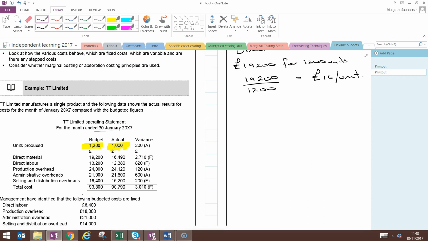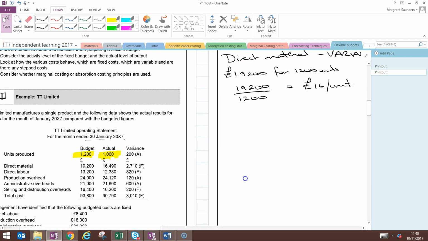So direct labour is a semi-variable cost. £13,200 is the total.